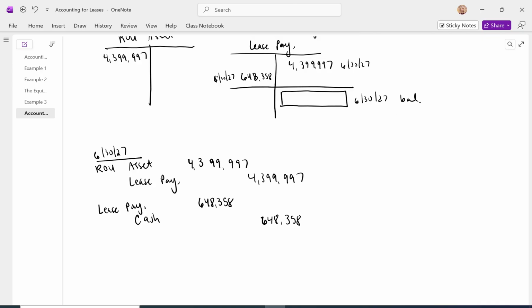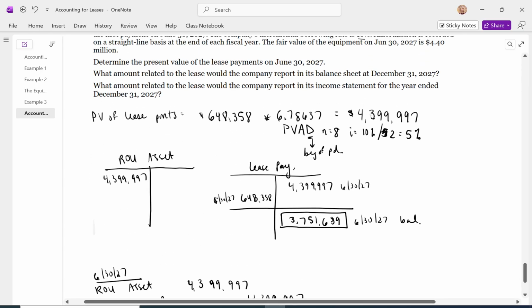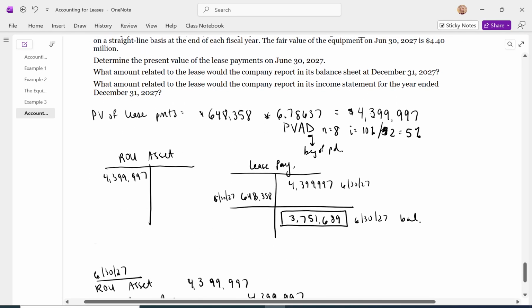The ending balance is $3,751,639. And we haven't changed our right-of-use asset, so that balance stays at 4.399, or 4.4 million.